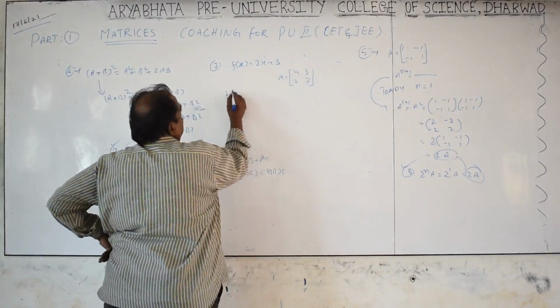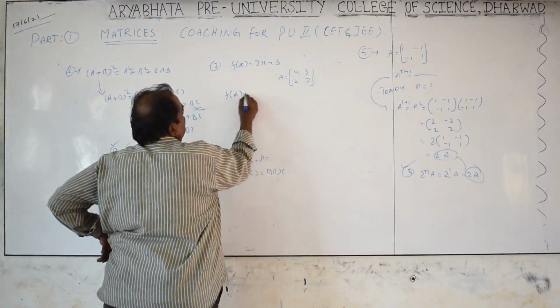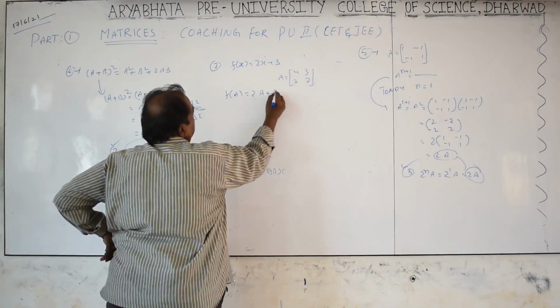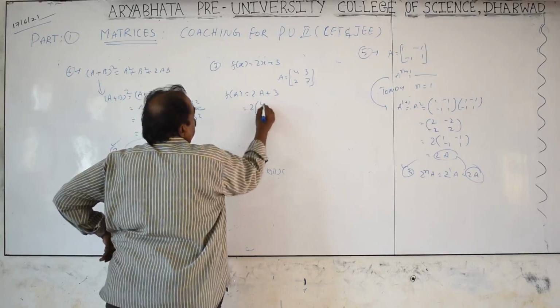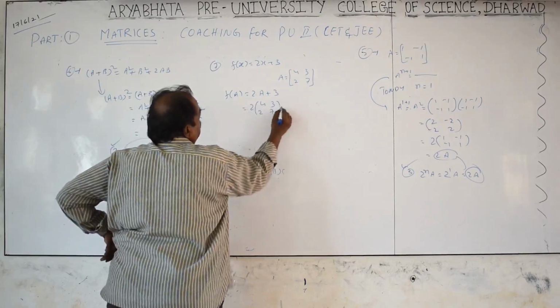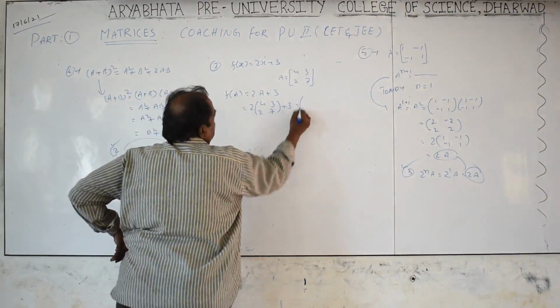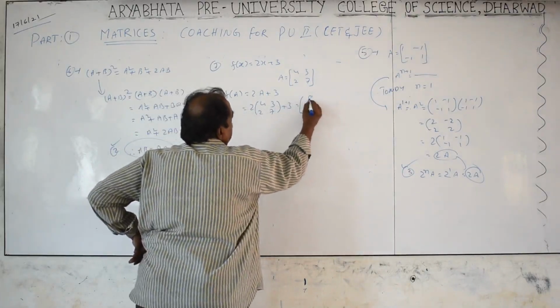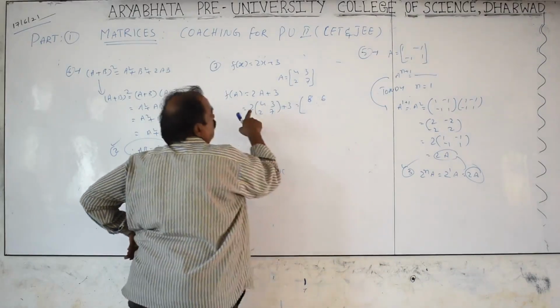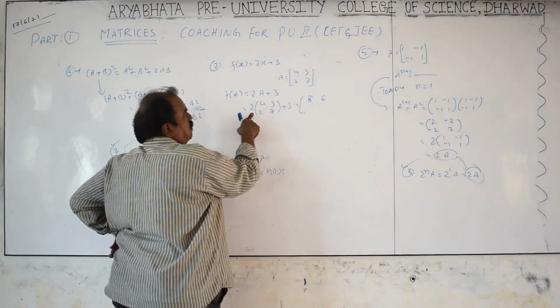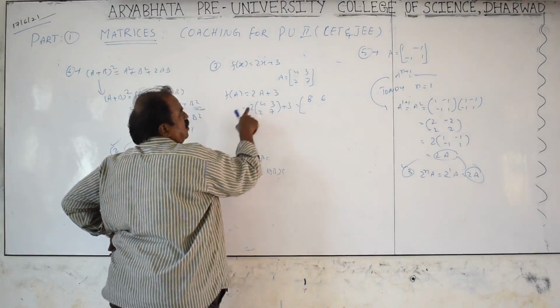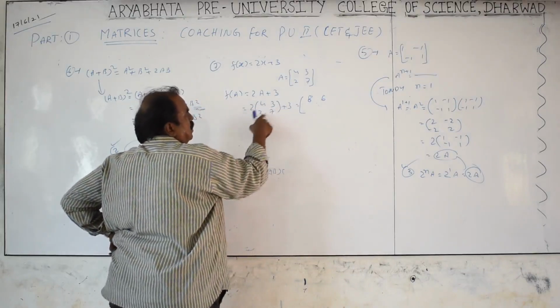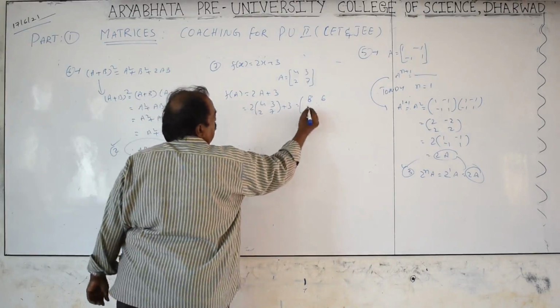You see, f of A is equal to 2A plus 3. 2 into the matrix 4, 3, 2, 7, plus 3. That is 8, 6, 4, 14. Multiplication of a scalar with a matrix must multiply all the elements inside the matrix.